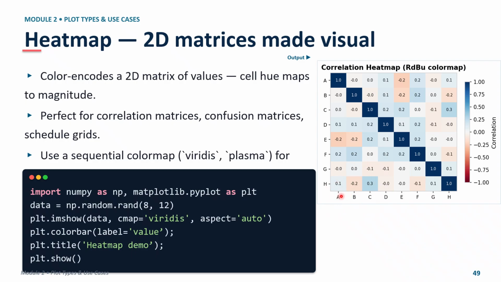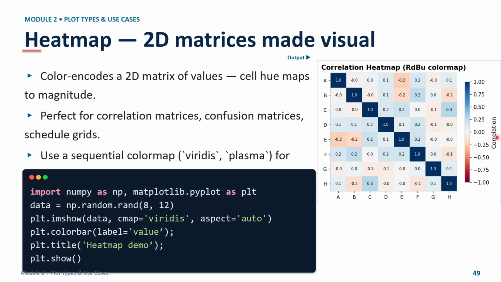The color map maps a lower value to one color and a higher value to another color. Here you can see the correlation heat map: -1 is dark brown, and 1 is very dark blue. This is the correlation matrix example.